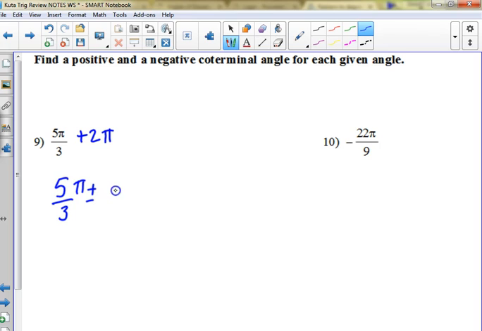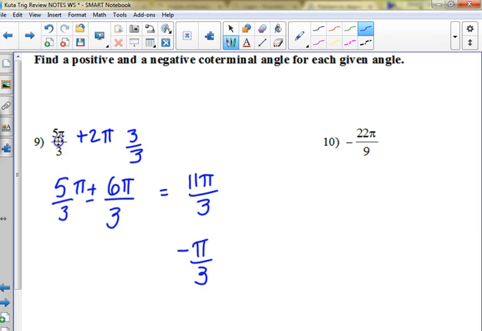The sooner the better. What is 2 in thirds? What do you have to multiply that by? 3/3, so you'd get 6/3. So I could have 11 pi over 3 or negative pi over 3.